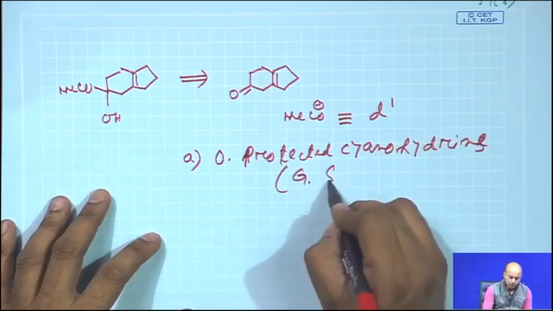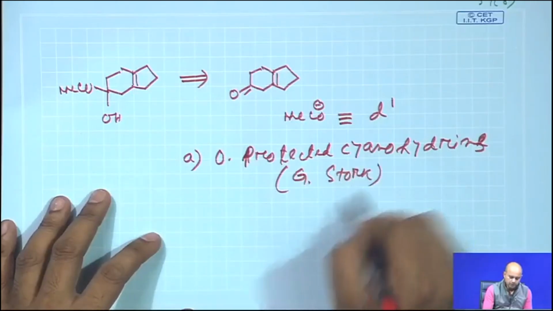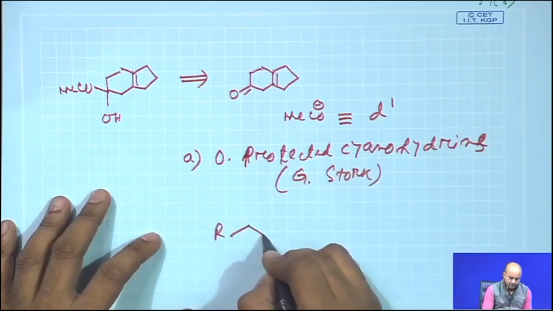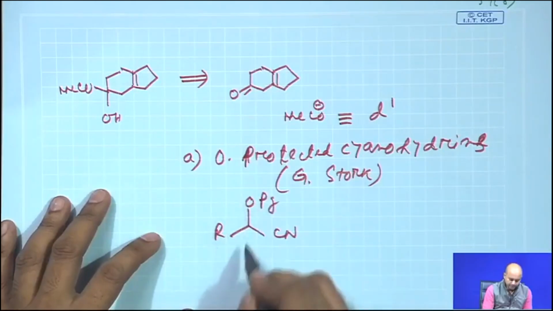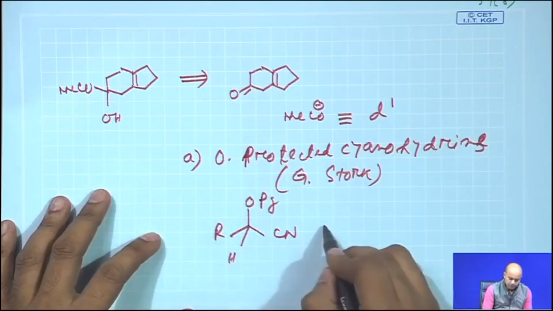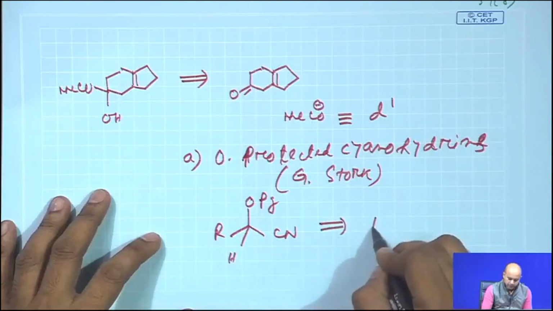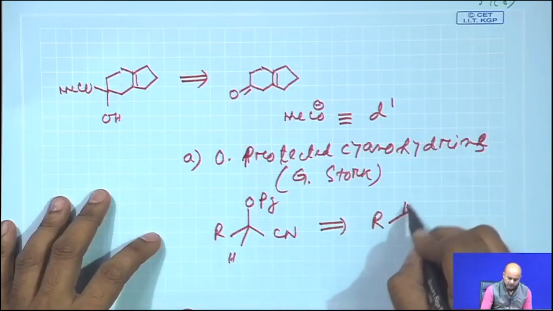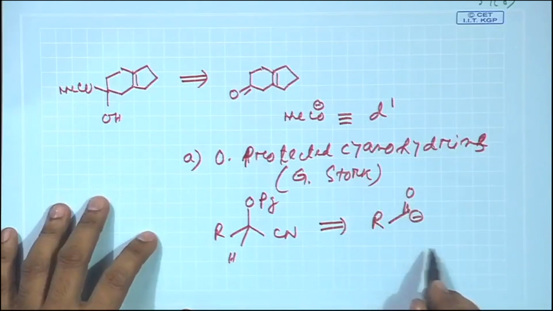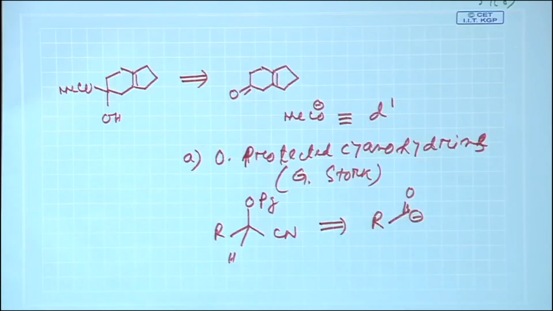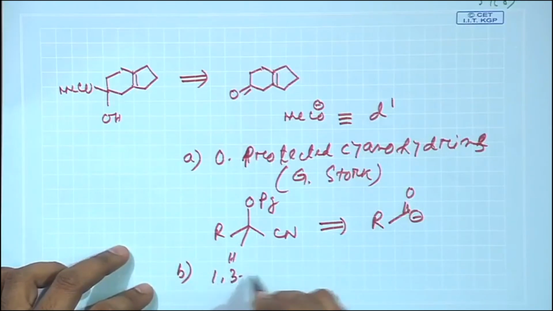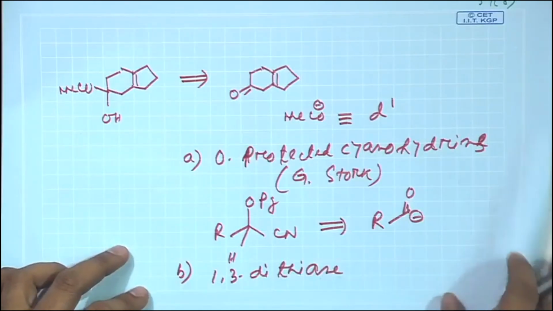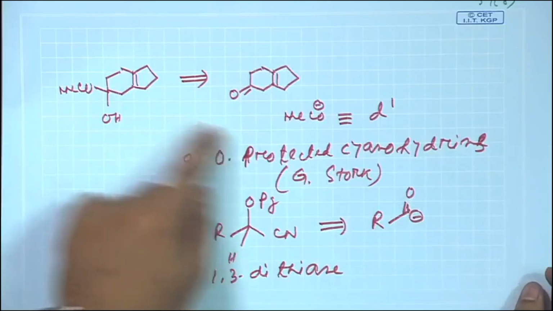Professor Stork was instrumental for this reaction, where if you have an O-protected cyanohydrin, you can easily abstract this hydrogen and that gives you a very nice umpolung species. So, in principle you can definitely use 1,3-dithiane chemistry, and you can also use this O-protected cyanohydrin chemistry as described. So, this is simple.